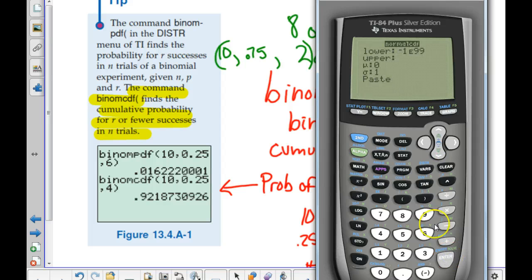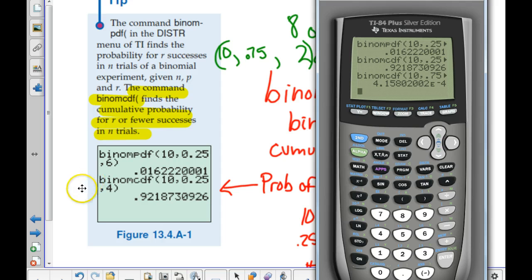Yeah, it probably will. Oops, I picked the wrong probability here. It is 2 or fewer, so it's CDF. 10, but this time we wanted okay, 0.0004.